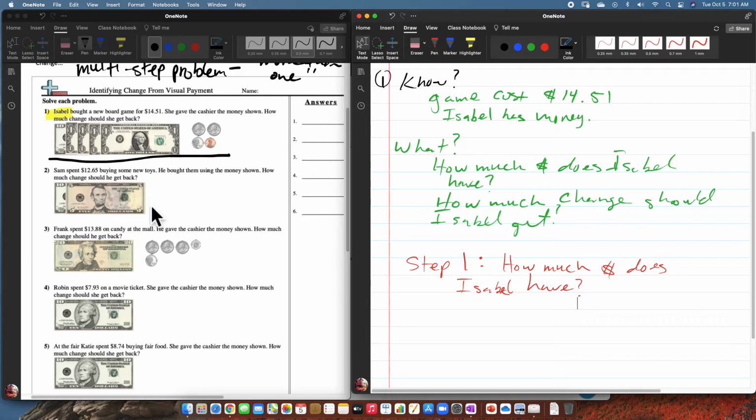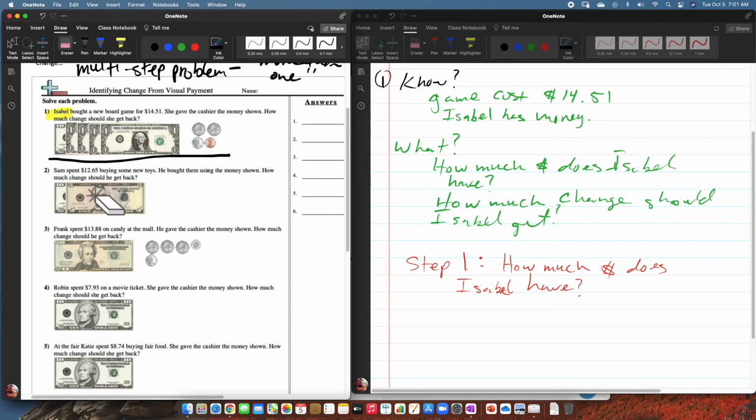So we're going to have to refer back to our worksheet and visually identify the amount of money that she has. So in this situation right here, we know that she has a $10 bill, and then she has a 1, 2, 3, 4 single dollars, and then she has a total of 25 and 25, that's 50, 55, 56. So she has 56 cents.